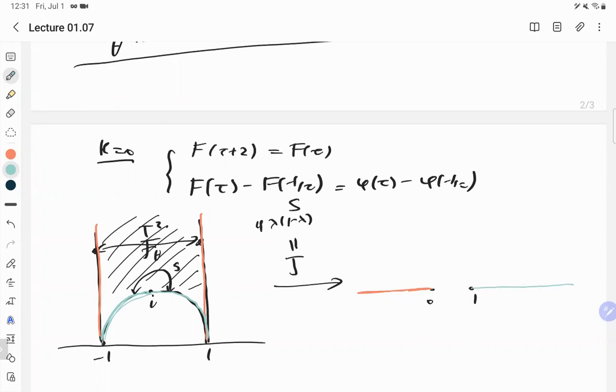Maybe let me do it the other way around. Just a second. I want this to be this thing, and then the third part of the line. It's actually not a part of the boundary in the original picture.